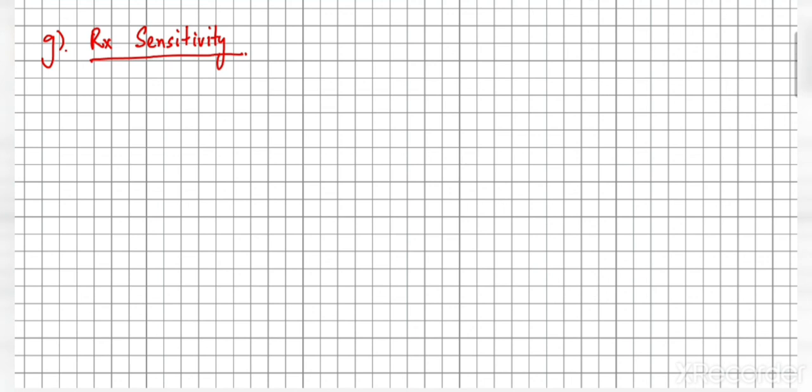Mathematically speaking, we define the receiver sensitivity as follows.